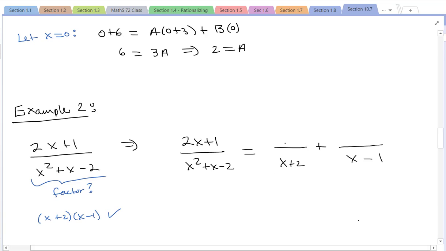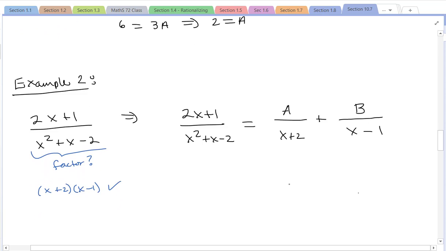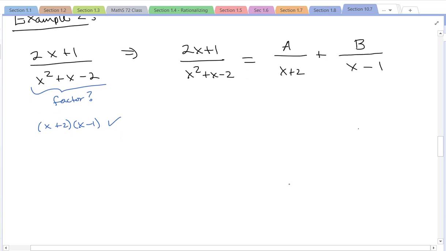So what goes above? This is a linear term, so I should have a constant term above. Then you will go through the process, clearing the denominators and finding A and B again, either by the equating coefficients method or by the finding zeros method.